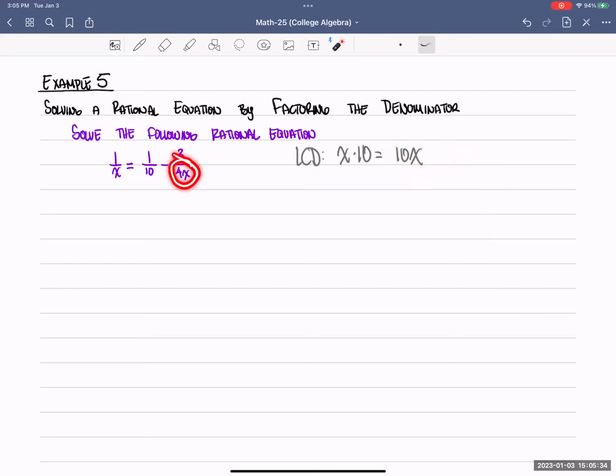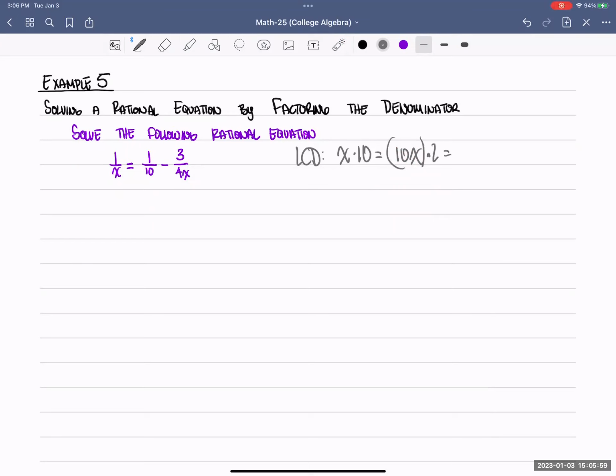Let's try this 4x. So 10x divided by 4x. The x's divide out. We have 10 divided by 4, that would be 5 over 2. It looks like if we just multiply by 2, since 2 is the denominator that we're still working with, it should give us something that we could use.